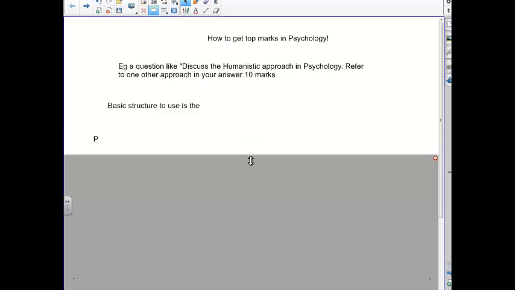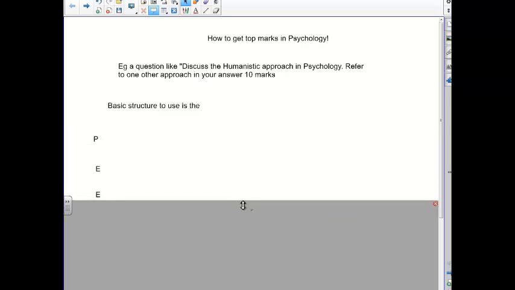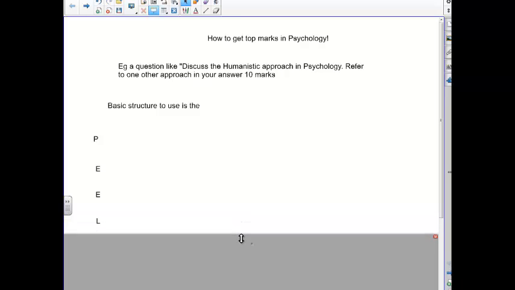The basic structure I want you to use is something along the lines of this. It's what we call the PEEL structure. Now there are various variations on this. I'm just going to pause for a minute and see whether you can remember what P stands for, the first E, the second E. Sometimes when you get a bit more advanced and with certain topics, when we do the topics next term, you should definitely have another E in here.